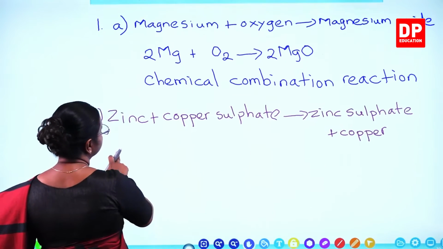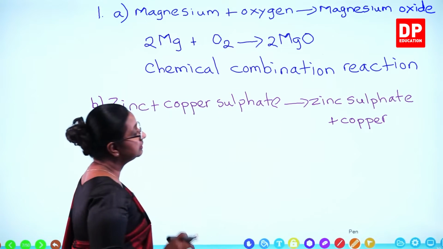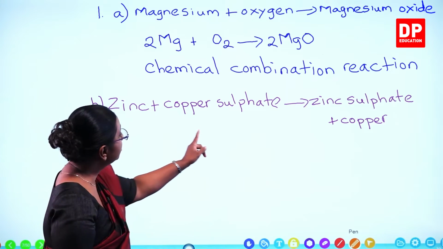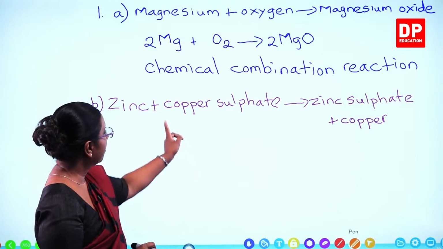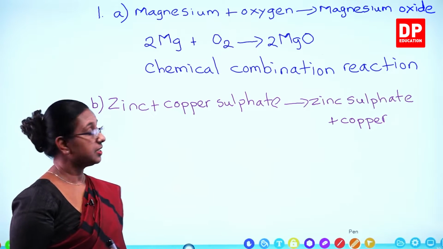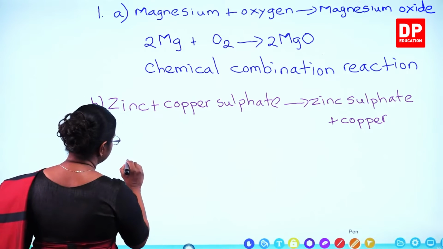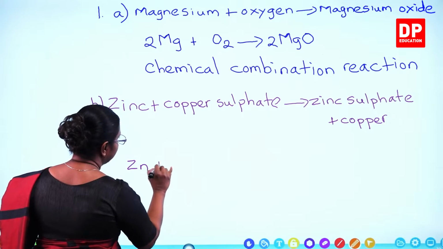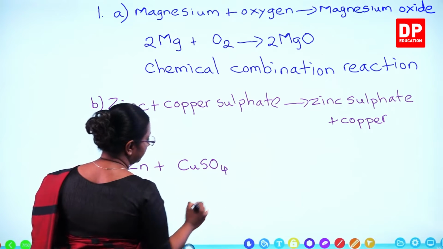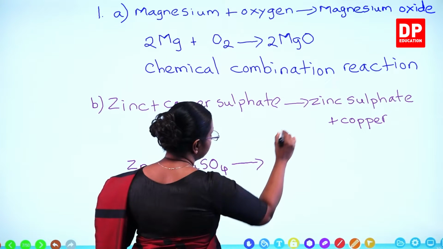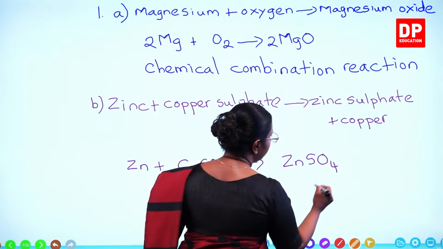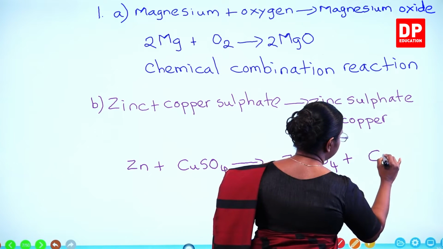So, now we need to write the balanced equation. To do that, you need to know the chemical formulae of the compounds and the symbols of the elements. So, you know for zinc, Zn plus copper sulfate, CuSO4 giving rise to zinc sulfate, ZnSO4 plus copper Cu.